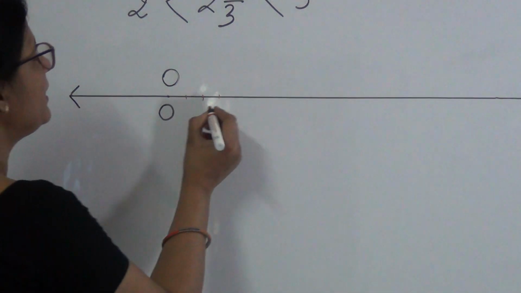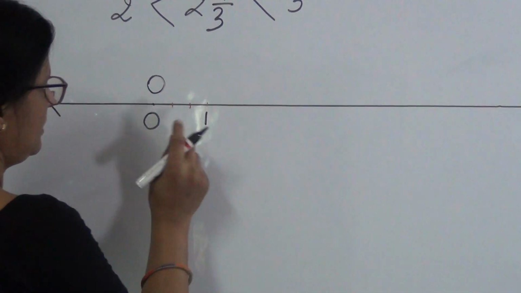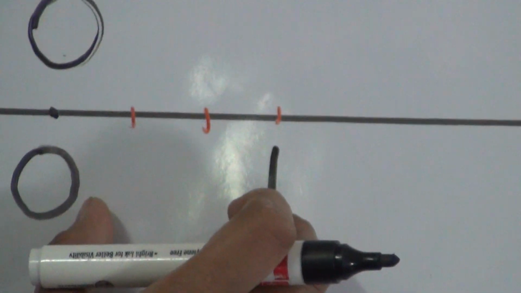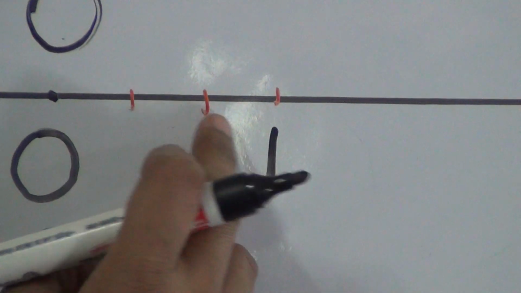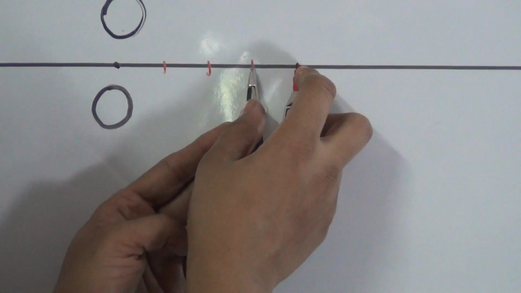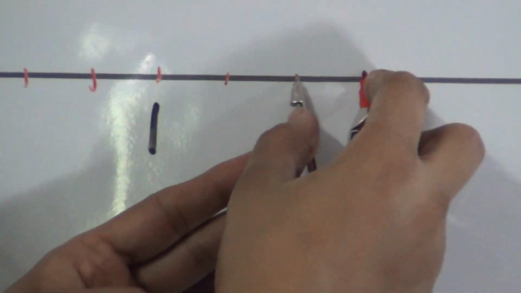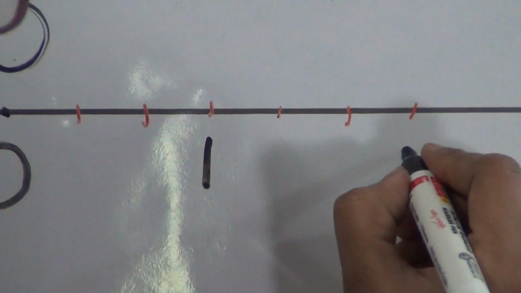Here we are going to write 1. We can see that 0 to 1 is one unit which has been divided equally in 3 equal parts. Likewise, we need to write 2 and 3 also on the number line. Again, we are putting 3 marks and the third one will be 2.